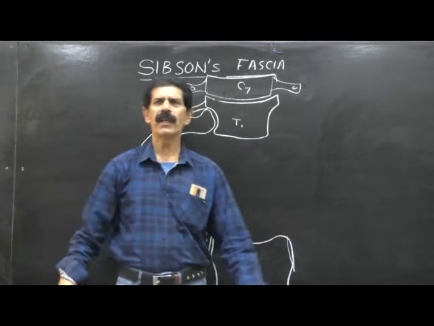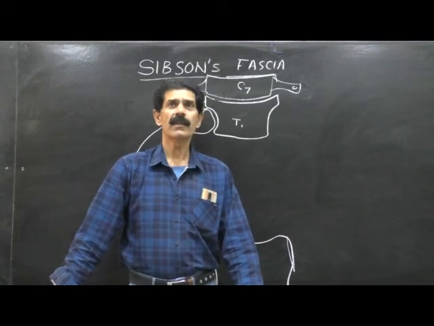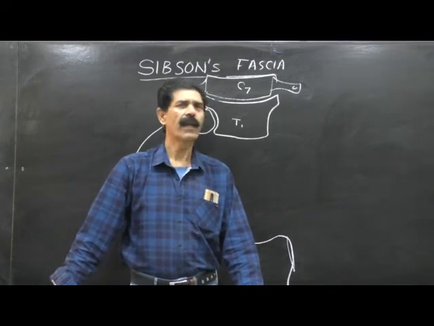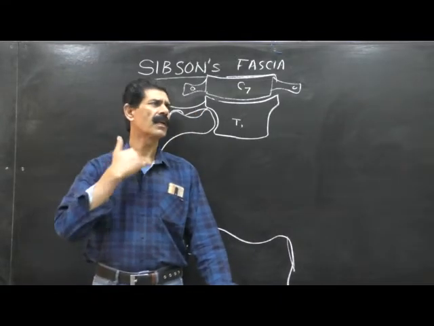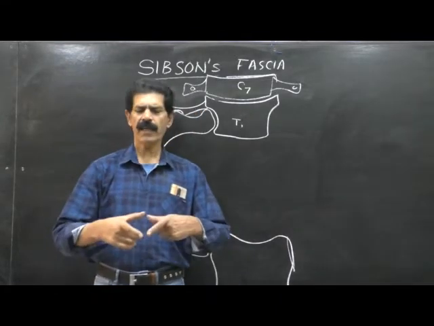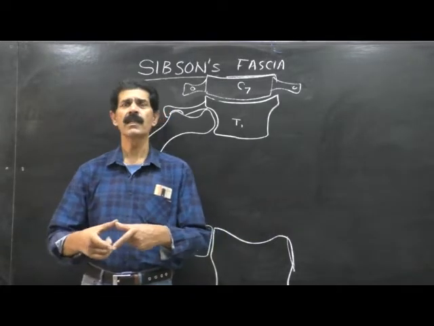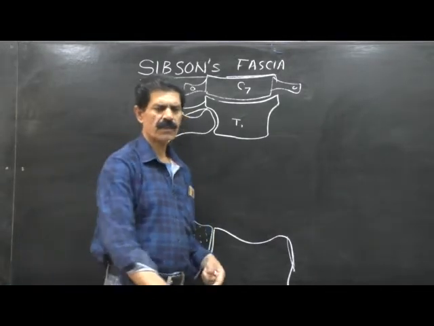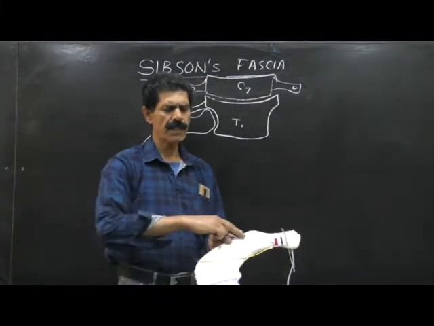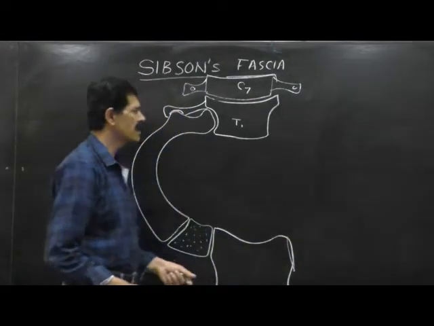So this membrane bridges the thoracic inlet, or also called the thoracic outlet, at the root of the neck. So where the neck ends, the thorax starts. And where the neck ends is the upper surface, or the superior surface, of the first rib. So the upper surface of the first rib is the end of the neck and the start of the thorax.